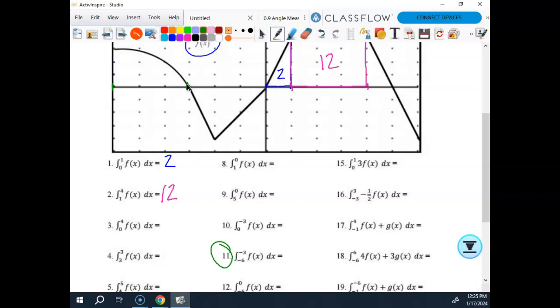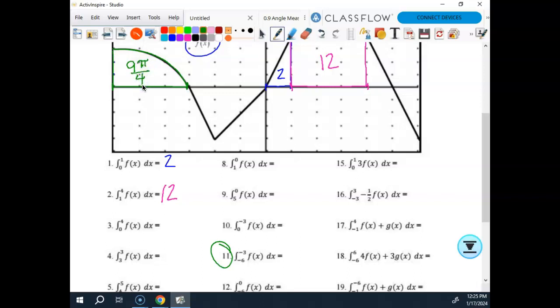So I need this area right here, and we know it's a quarter circle. What's the radius? 3. How do you find the area of a circle? Pi r squared. So what's the area of the entire circle? 9 pi. This is a fourth of it, so this would be 9 pi fourths, right?